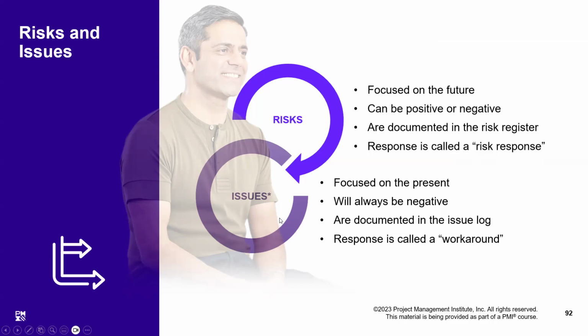My question is, what if a positive risk occurs? As we understand from this definition, they cannot become issues. Then what do they become? What does a positive risk become? Opportunity? It is already an opportunity, right? We can't call it an opportunity.